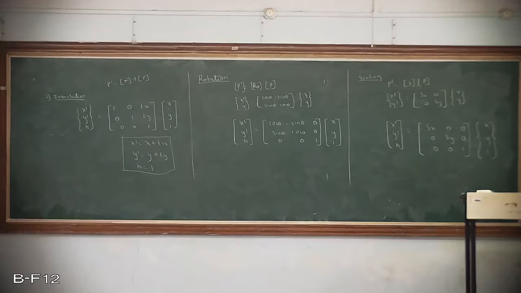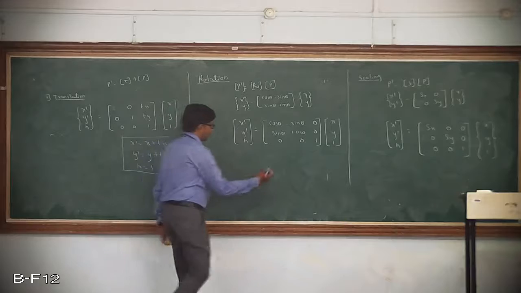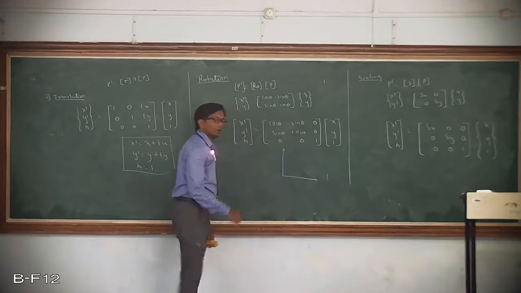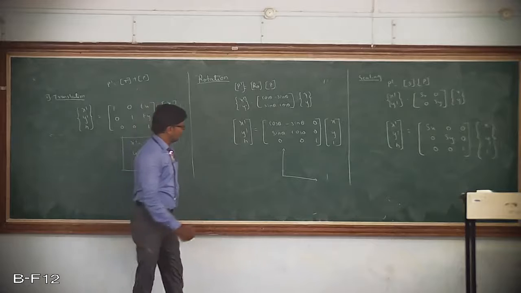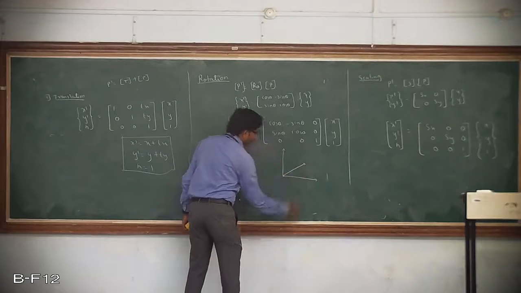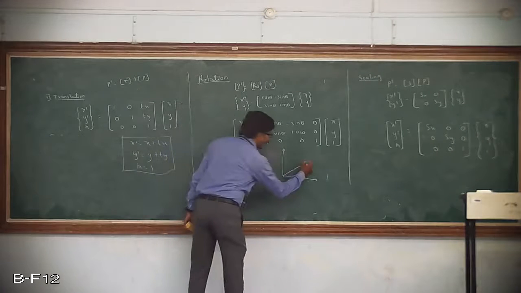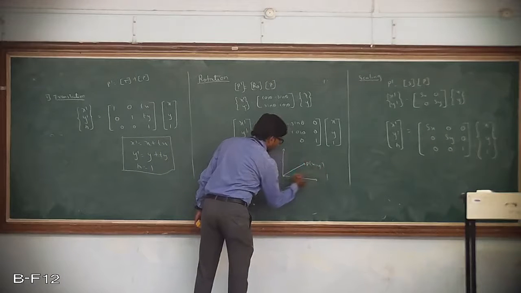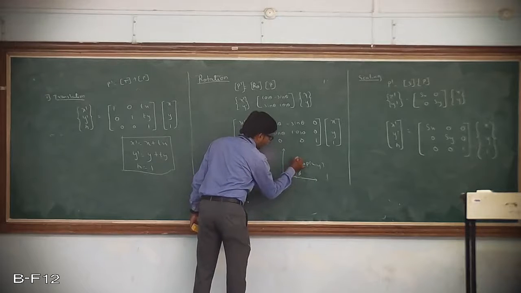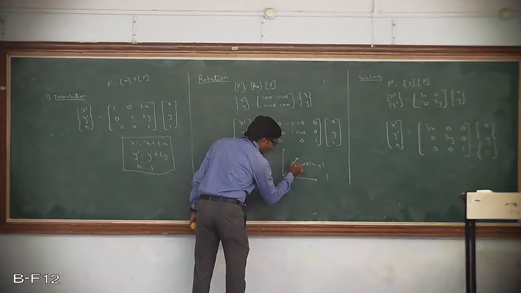For example, whenever we have done the rotation operation, how was the rotation matrix generated? We have taken the rotation from the origin. Just observe, initially the point was P x y here, and it was having an angle phi, and then you have taken a tilt, you have rotated anti-clockwise by an angle theta.